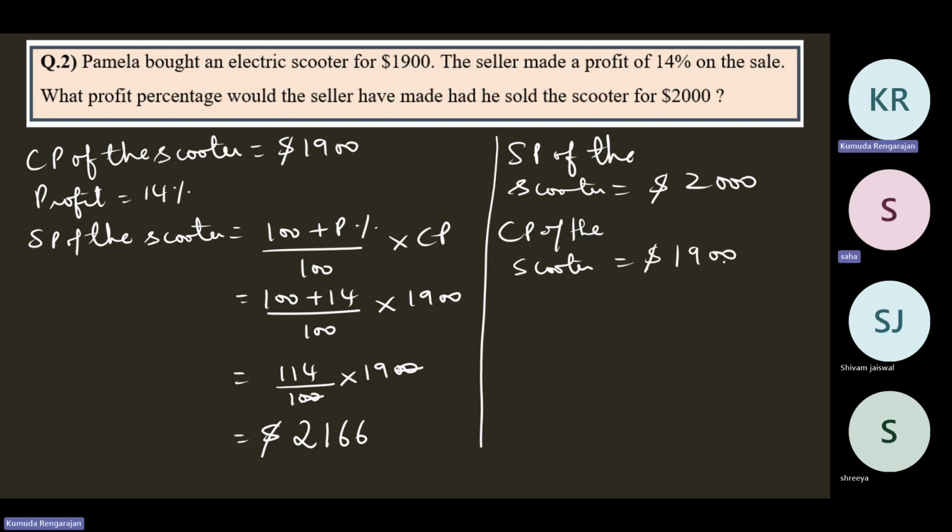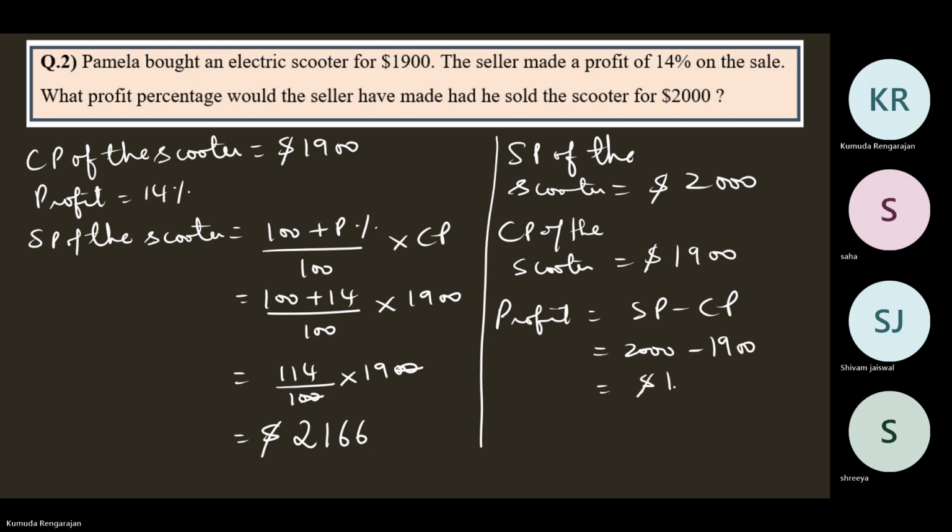Now, was it a profit or loss? It was a profit. How much is the profit? $100. Correct. And the profit percent? 100 by 1,900, profit by CP into 100.